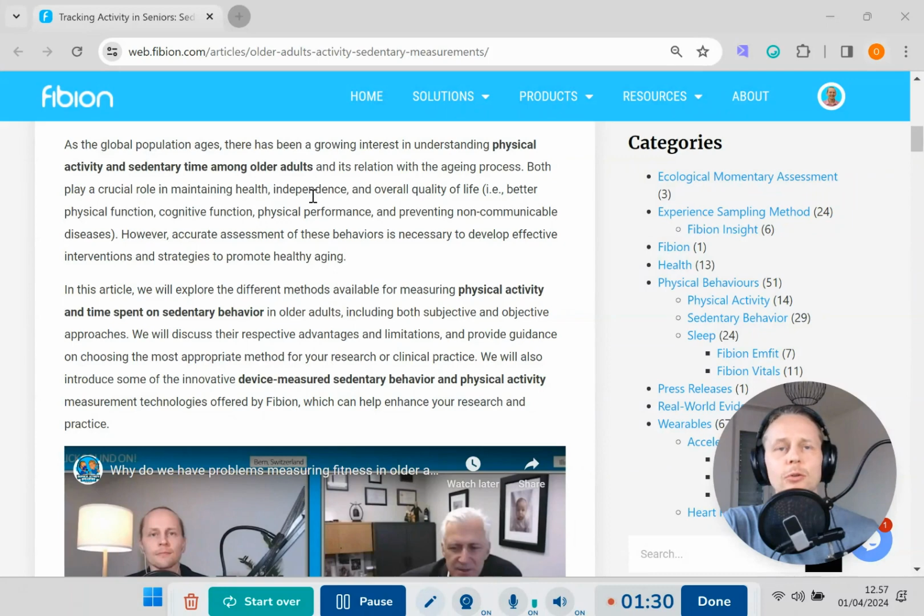When people get older, they lose muscle mass, and the importance of strength training grows. So it's good to remind ourselves that, although aerobic exercise gets a lot of attention, strength training is very important for older adults.